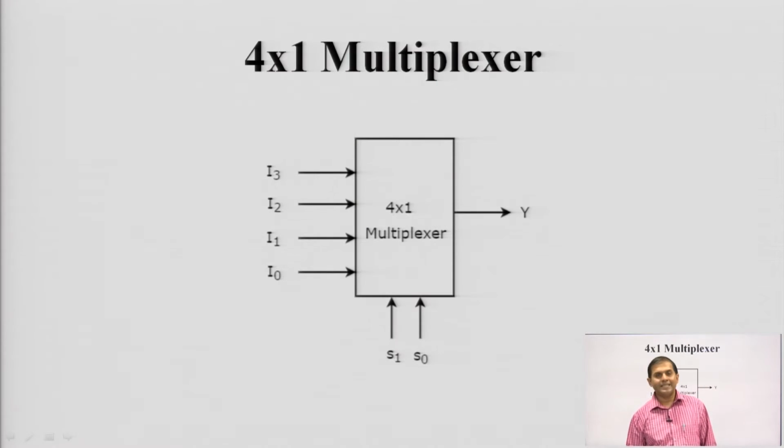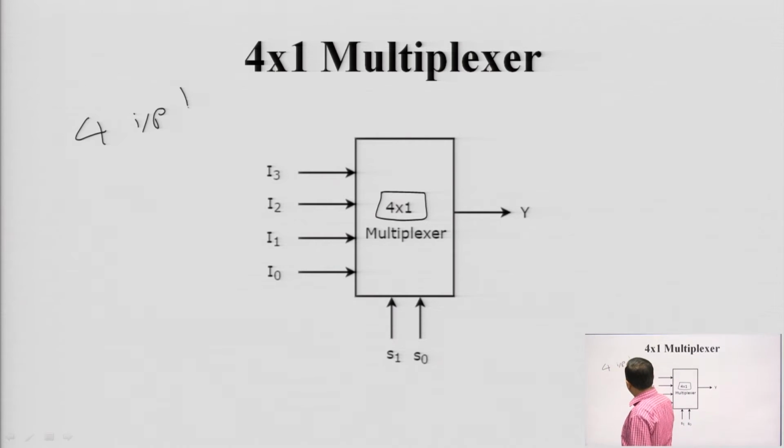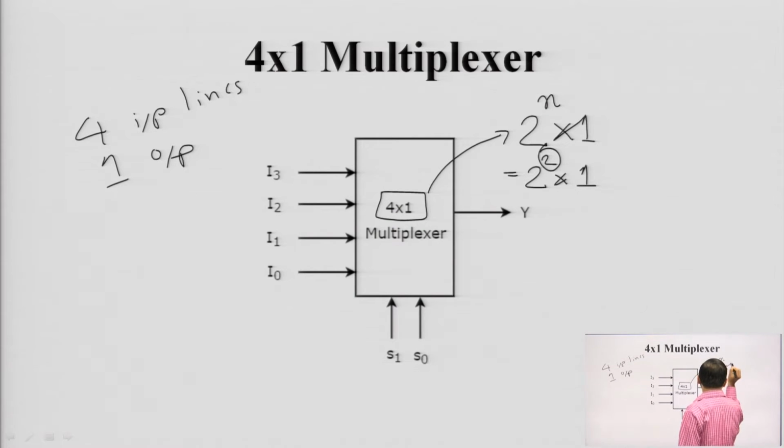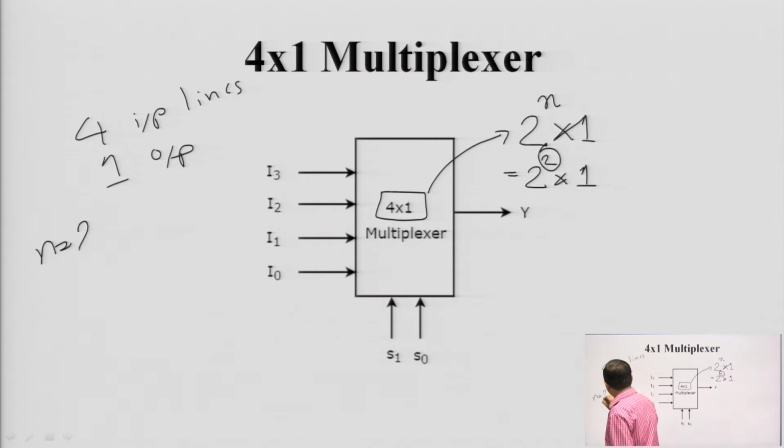Now we will discuss in detail the 4 cross 1 multiplexer. If we discuss one variant, it will be easy to understand the concept. This is 4 cross 1, meaning 4 input lines and 1 output. In the format 2 to the power n cross 1, it is 2 to the power 2 cross 1, so the value of n is 2, and n is nothing but the number of select lines.